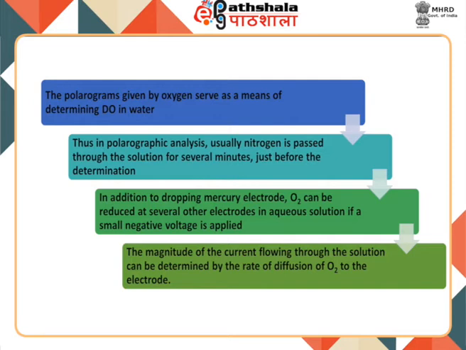In addition to the dropping mercury electrode, oxygen can be reduced at several other electrodes in aqueous solution if a small negative voltage is applied. The magnitude of the current flowing through this solution is determined by the rate of diffusion of oxygen to the electrode.